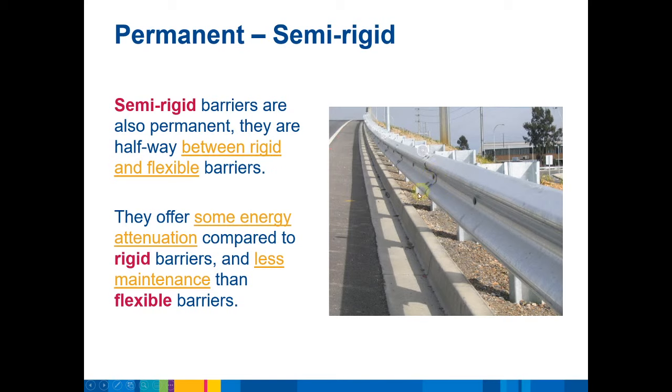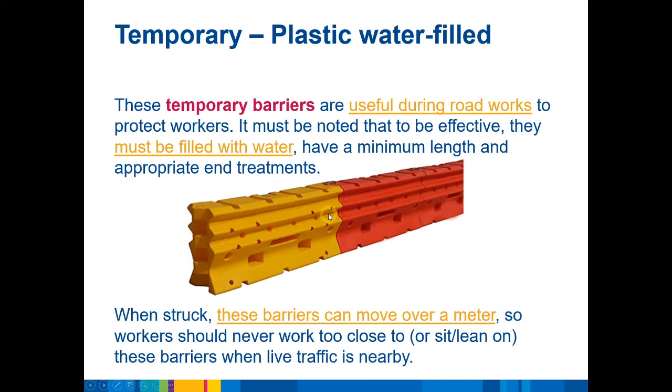Depending on the collision, if this barrier is struck, it could be struck again or even a third time and still offer some protection before it needs maintenance. Or rather, maintenance will be scheduled as soon as it is struck, but the maintenance might not be able to occur straight away, so it's able to do a better job of providing that protection. So some energy attenuation compared to rigid barriers, and less maintenance than flexible barriers.